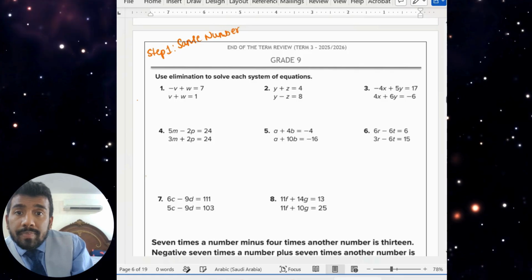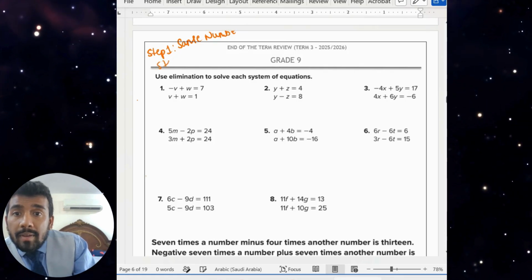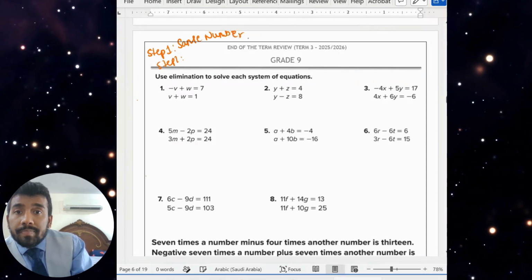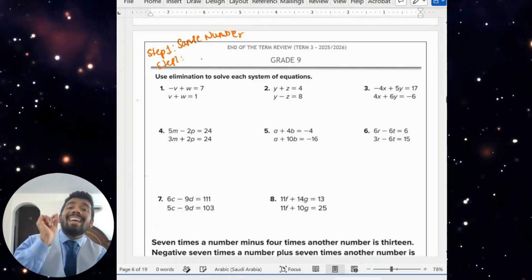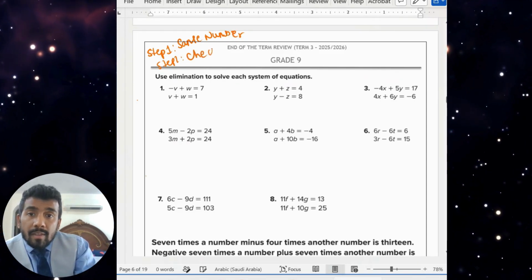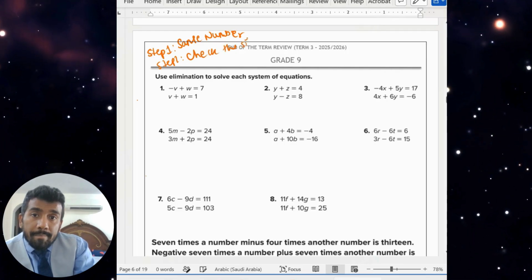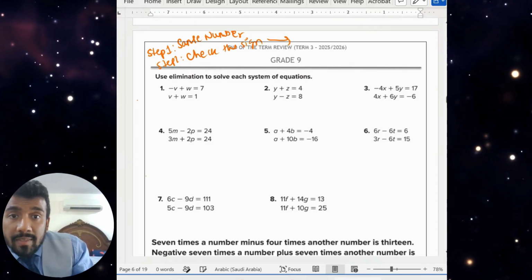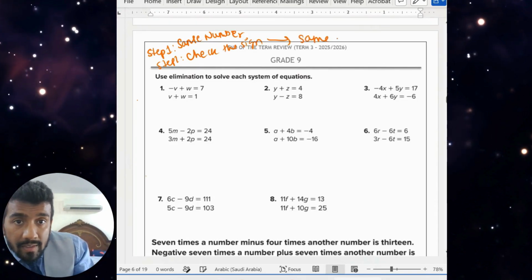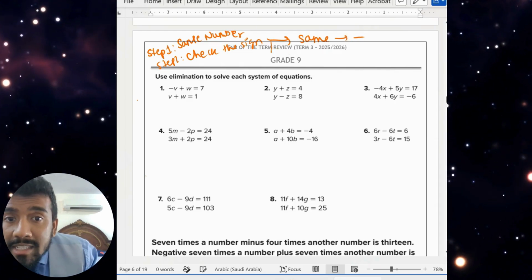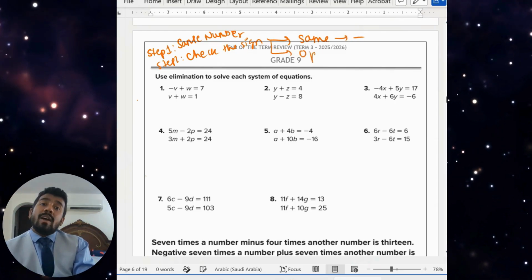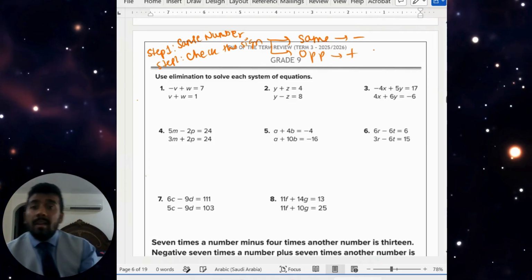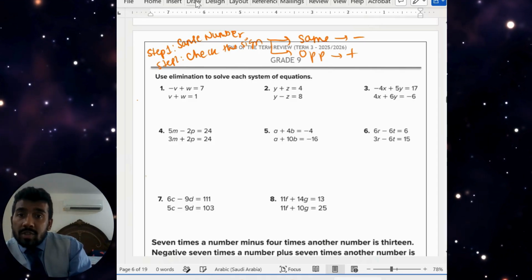Second step, after you find the same number, you need to check the sign of the same number. If it's the same sign, then we will do minus. But if there is an opposite sign, then we'll do plus. Okay, that's it.